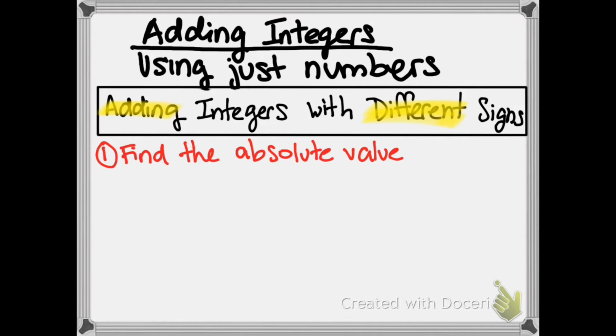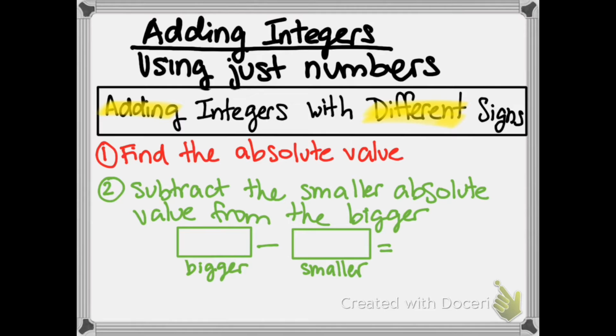So the first step is to find the absolute value of both integers. Step 2, you subtract the smaller absolute value from the bigger absolute value. So you can see down below, we take the bigger number and we subtract the smaller number from it.